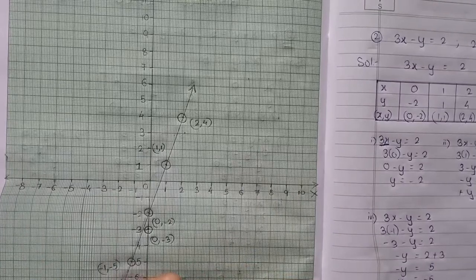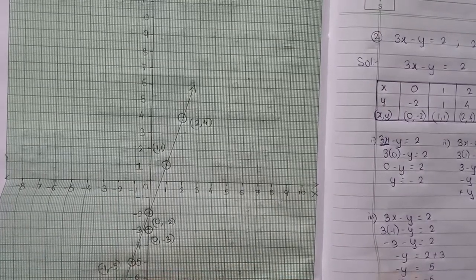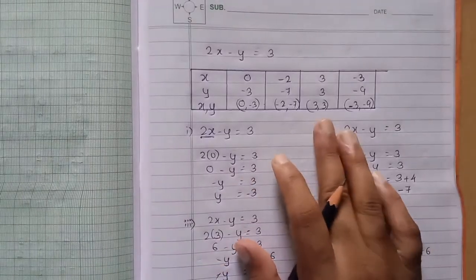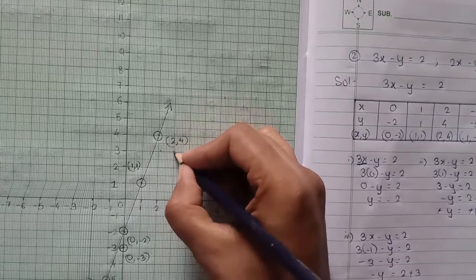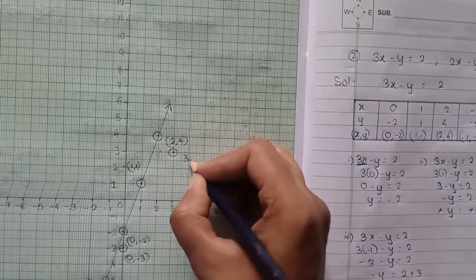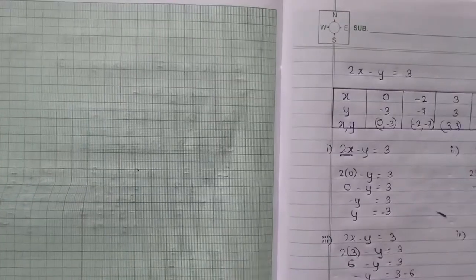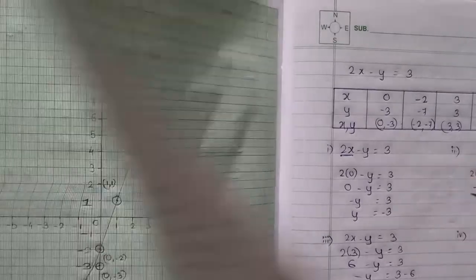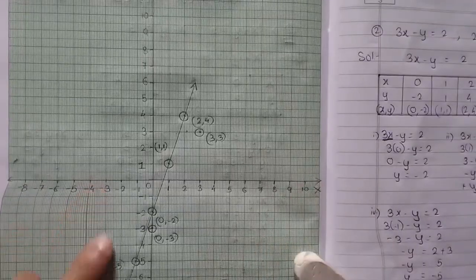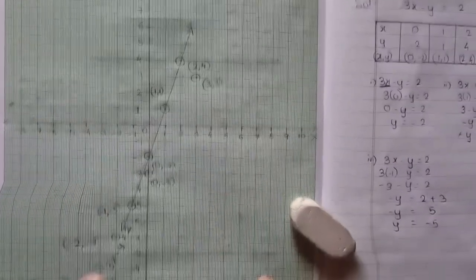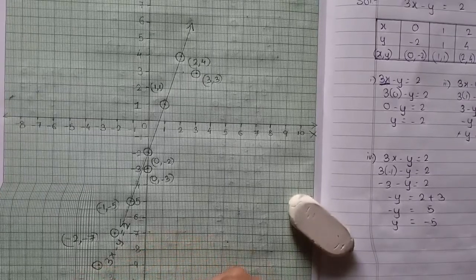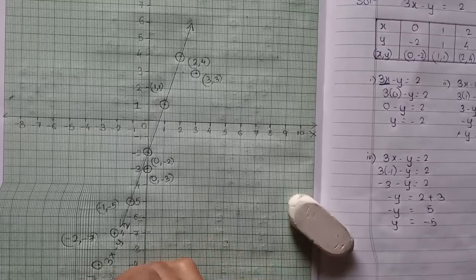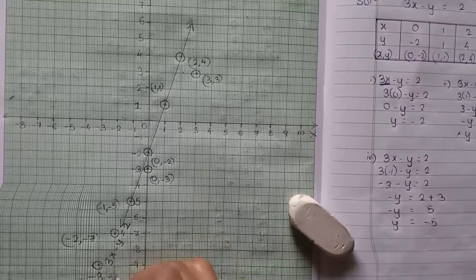Name it minus 2 comma minus 7. Next point is 3 comma 3. The last point is minus 3 comma minus 9. Name it minus 3 comma minus 9.